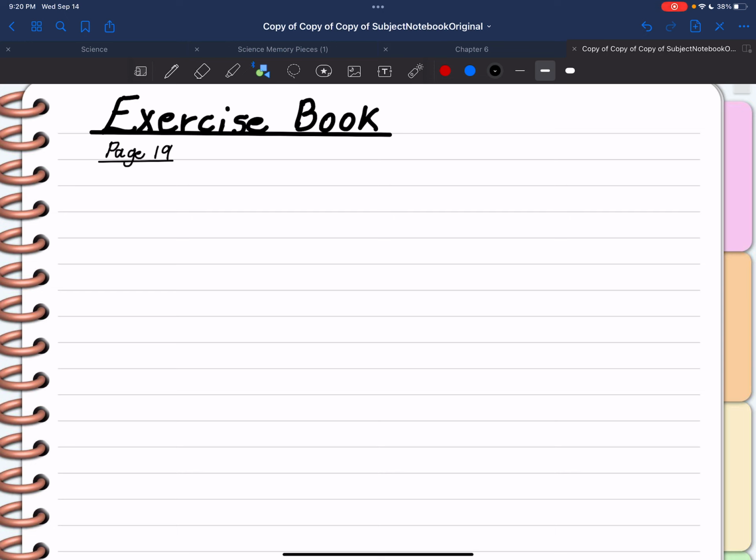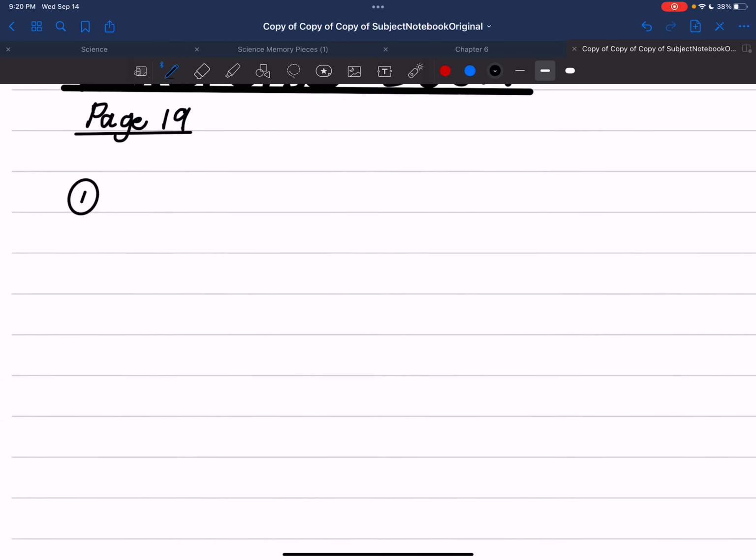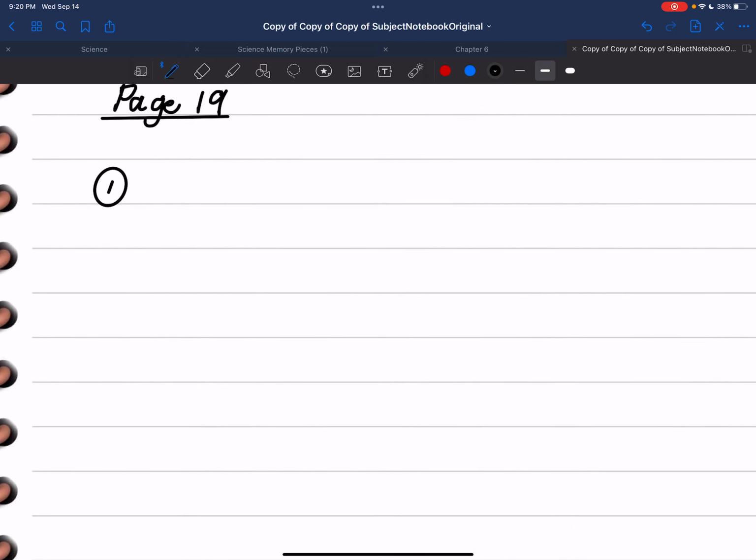Number 1. Which of these is an example of a unit rate? 4 apples cost $1.50. So let's do it, put money on top. Dollars per apples.